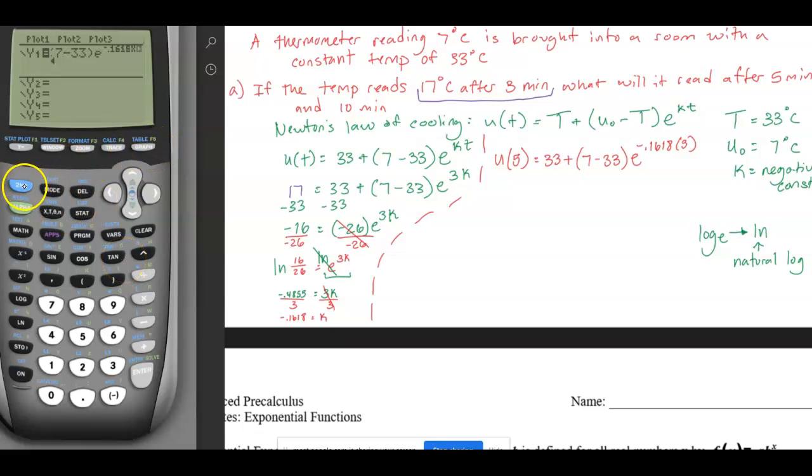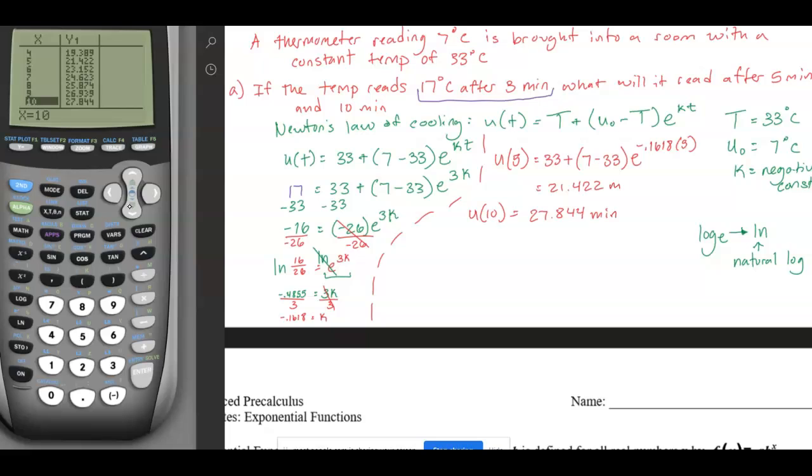The reason I did this is because now I can just look for time 5 and get 21.422. And also in the exact same breath, I can look for time 10 and get 27.844 minutes. Just makes my life easier.